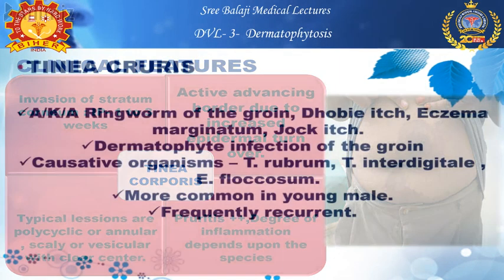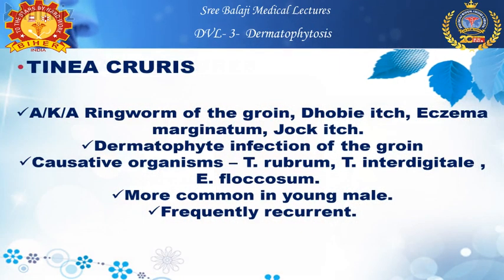The next fungal infection is tinea cruris, otherwise called ringworm of the groin, Dhobi itch, or jock itch. This is most commonly seen in males, because of wearing occlusive clothes and increased sweating. The causative organisms are Trichophyton rubrum, Trichophyton interdigitale, and Epidermophyton floccosum.